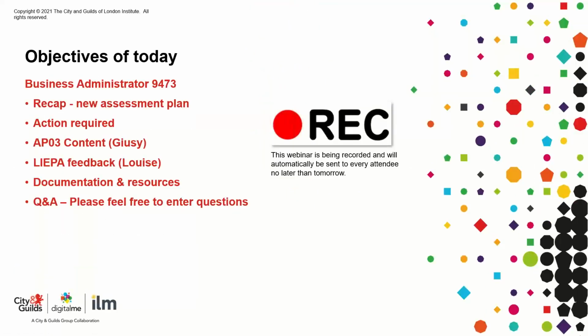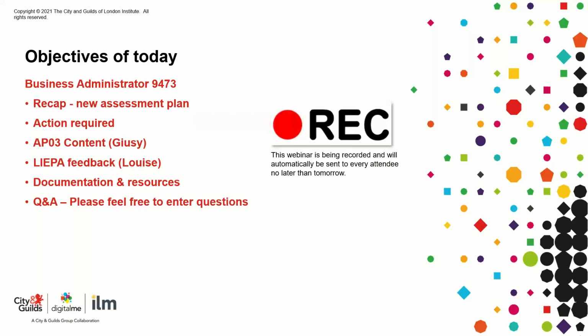Okay, so as we briefly mentioned previously, this is the second in the series of webinars for the new Business Administration Assessment Plan. Today we're going to do a very brief recap, but not spend any time on it really, looking at the new assessment plan, because that's what the first webinar was about. We're going to look at some of the actions that are required.